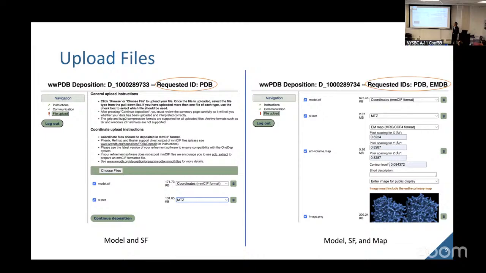So for the one on the left, with structure factor only, you only need to deposit the model coordinates and the SF file. It can be an MTZ file, mmCIF format, or MMC file. And if you deposit a map, it asks you to deposit the map in the MRC format and provide this information that also may not be very relevant in 3D MicroED. But again, it is what it is now, and it will change.